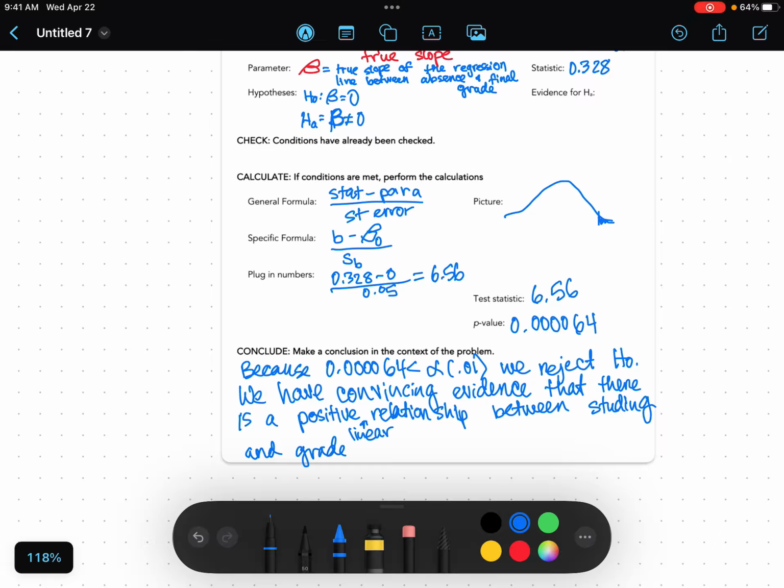I probably could have done better at that context, but I don't want to go back up and check on it. But you guys get the idea.